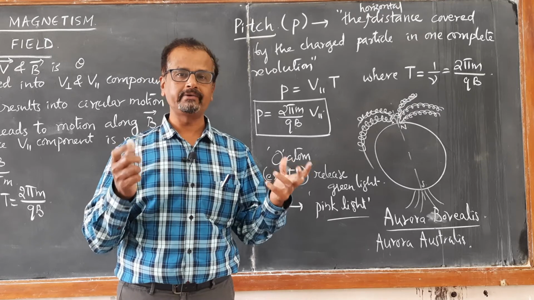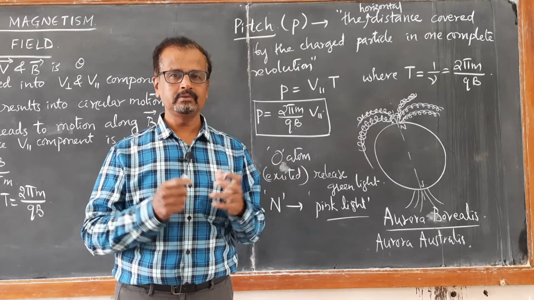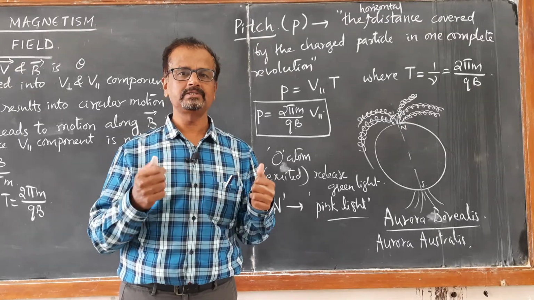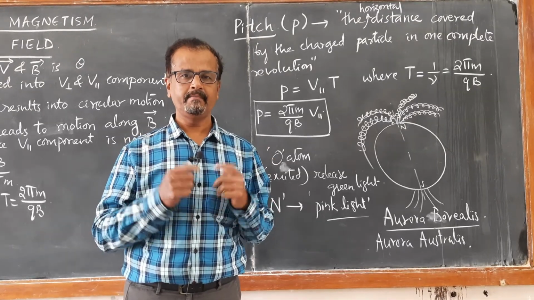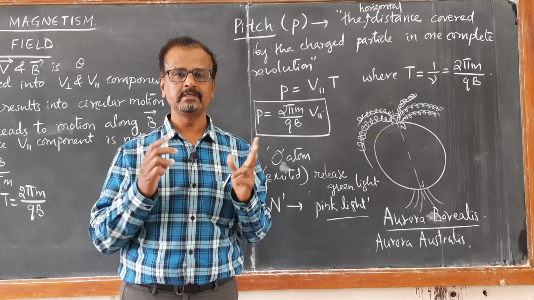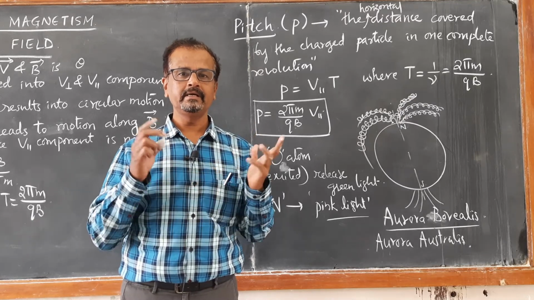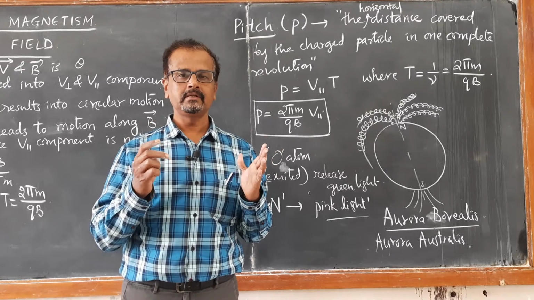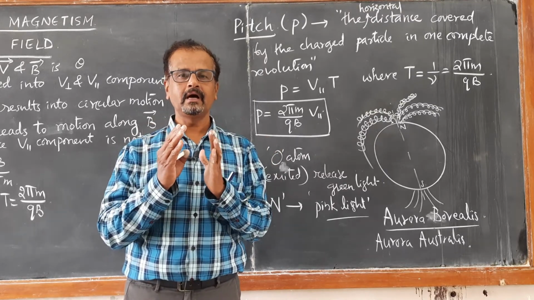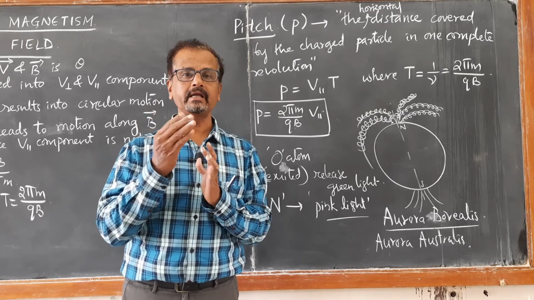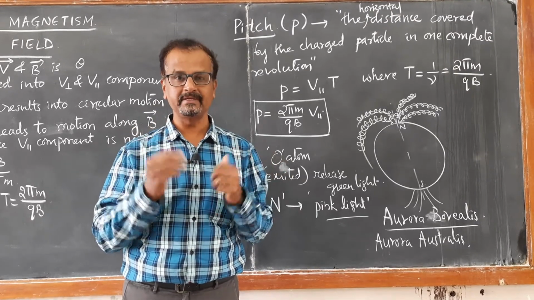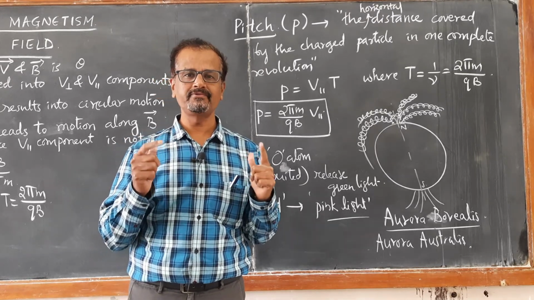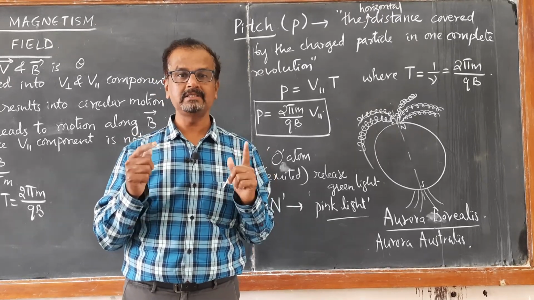Now, how do we calculate this magnetic field? There comes a law to help us, called the Biot-Savart law. Biot and Savart are two scientists who formulated a law which tells us how to calculate the magnetic field around a current-carrying wire, around a current element. This is the Biot-Savart law about the magnetic field around a current element.